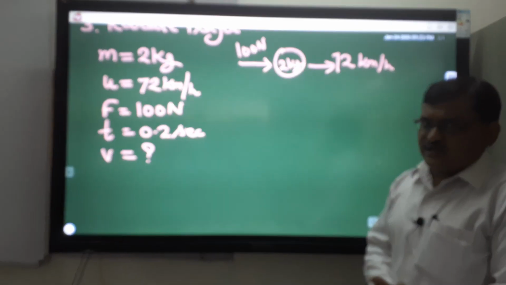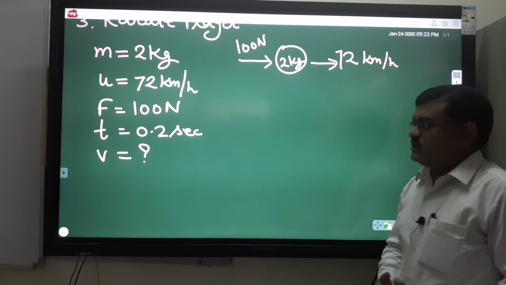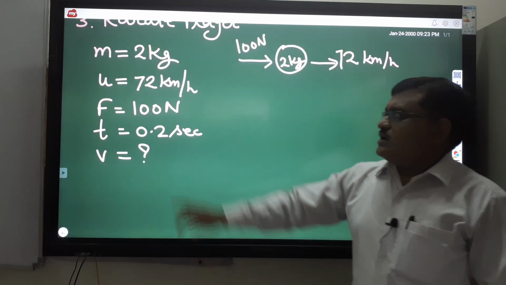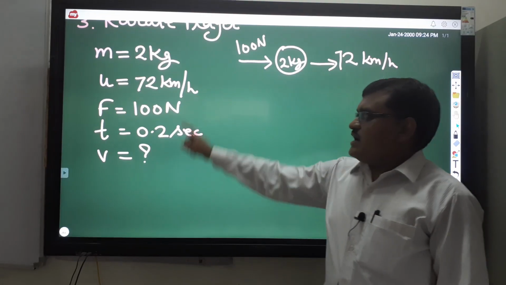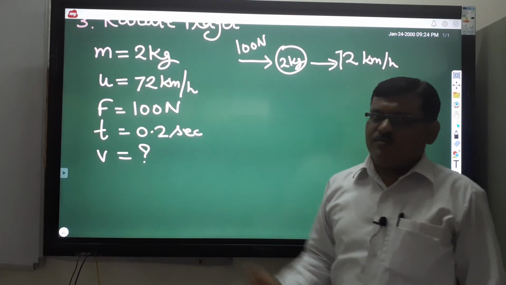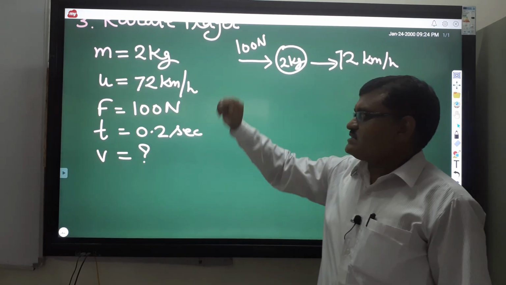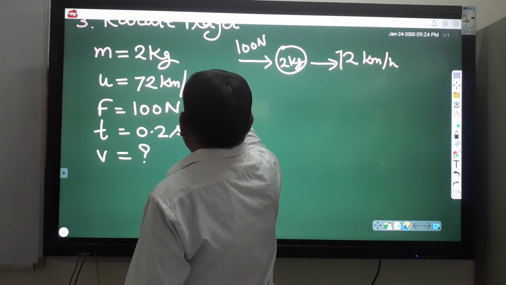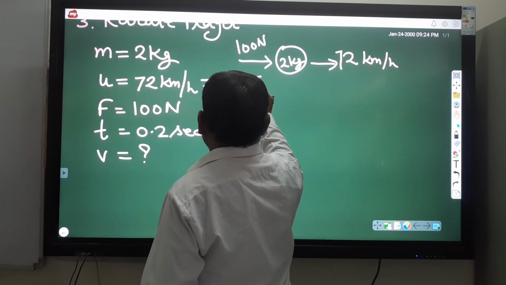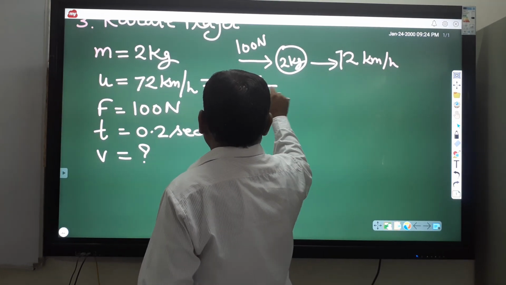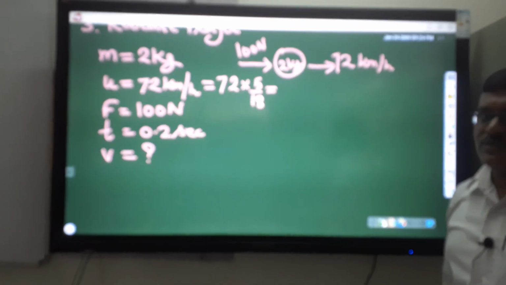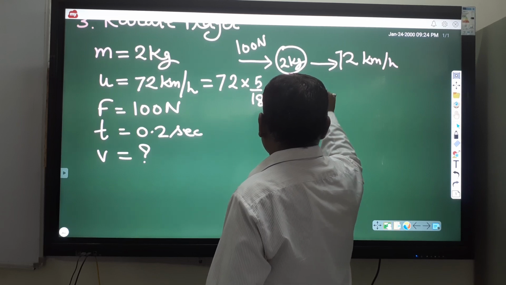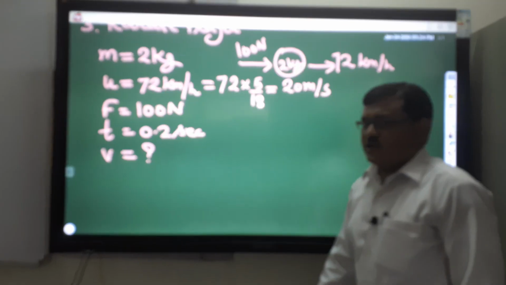First thing in the numerical is that we generally use all SI units. SI unit of mass is kg. SI unit of speed is not kilometer per hour, so we need to convert this into meter per second, and you have one shortcut: 72 into 5 by 18 comes out to 20.